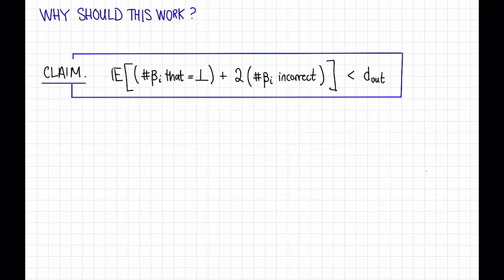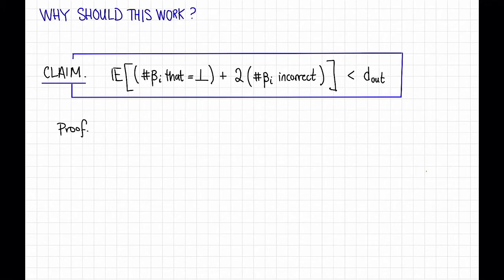In particular, that means that, at least in expectation, the number of erasures plus 2 times the number of errors in the word beta 1 through beta n that we're going to shove into C_out's decoder is strictly less than d_out. And that was exactly the condition that we wanted in order for that decoder to be successful. So intuitively, this claim is saying that, at least in expectation, the outer code's decoder is successful.